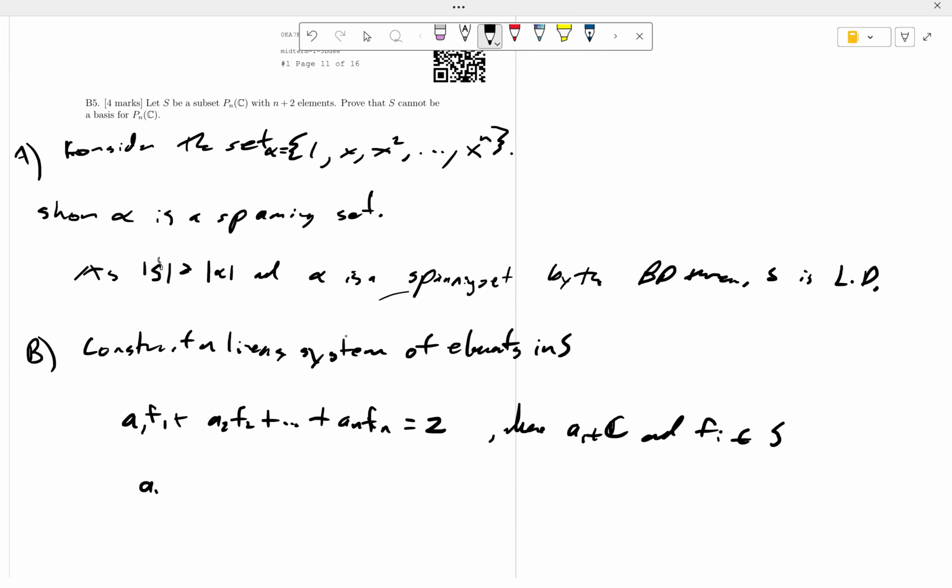So we'll get A1 f1(x) plus An fn(x) equals 0(x).